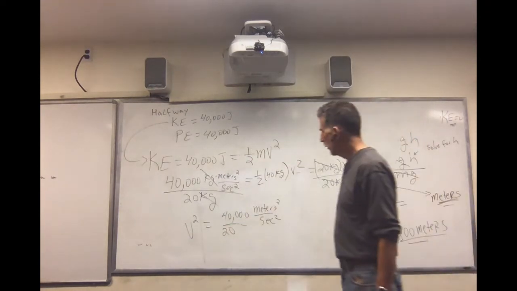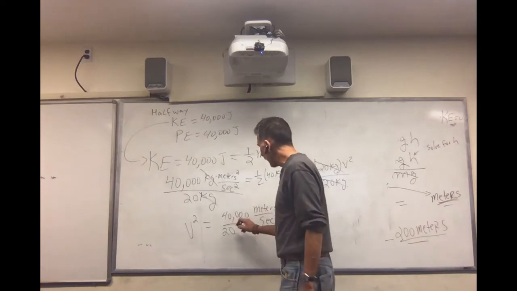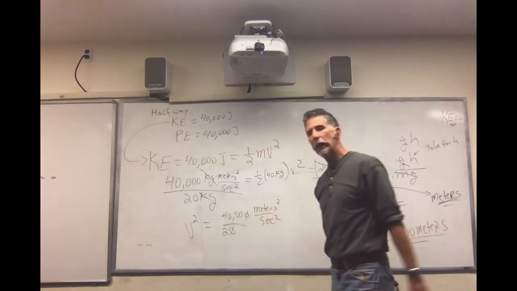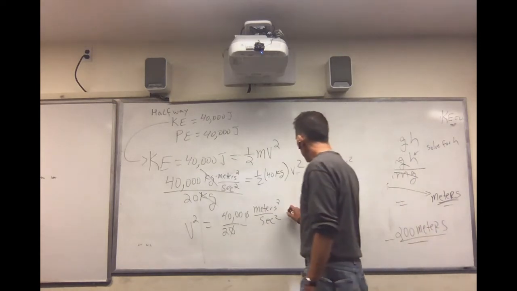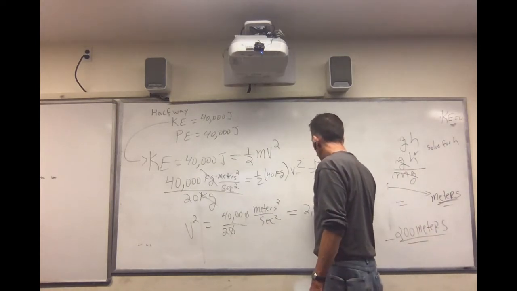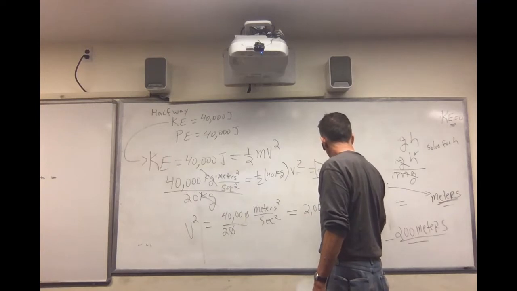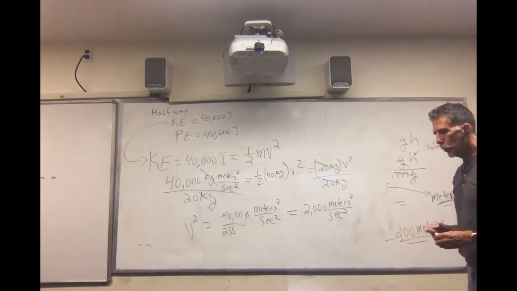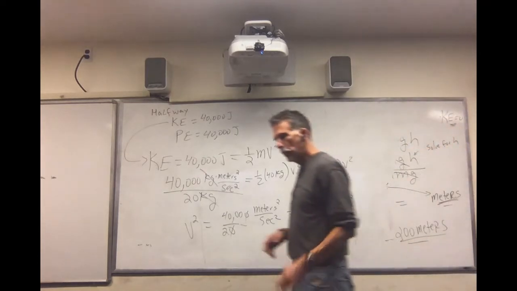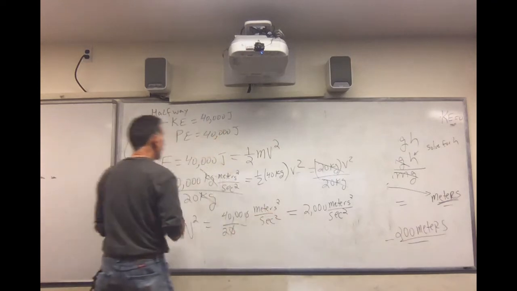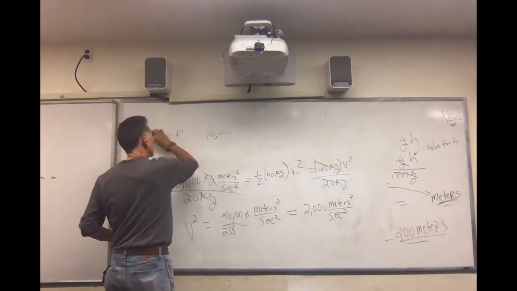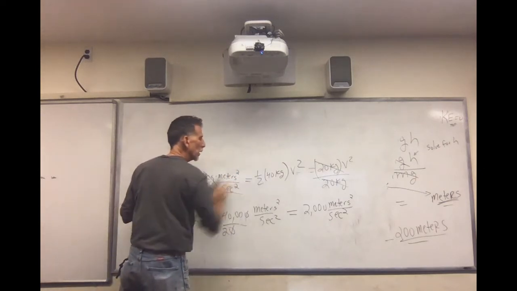Okay? What's 20 into 40,000? Let's take a 0 away. What's 2 into 4,000? I believe that's equal to 2,000 meters squared per second squared. So V squared is equal to 2,000 meters squared per second squared. I'm just going to continue here.